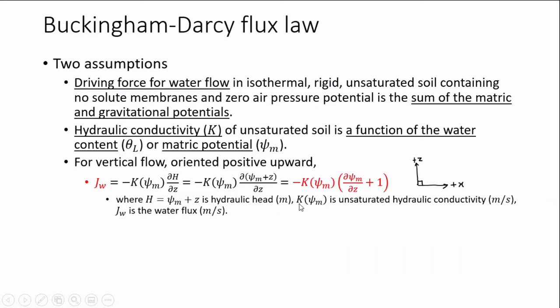So of course hydraulic head has a unit of meter, and the unsaturated hydraulic conductivity has a unit of meter over second. Alright, and the JW, which is the water flux, has a unit of meter over second.